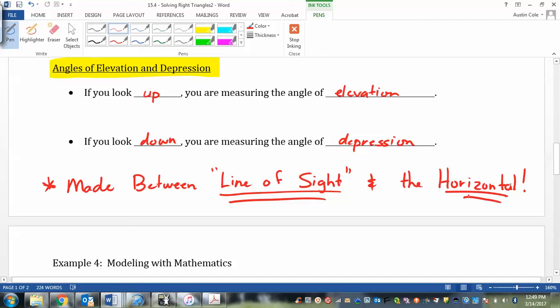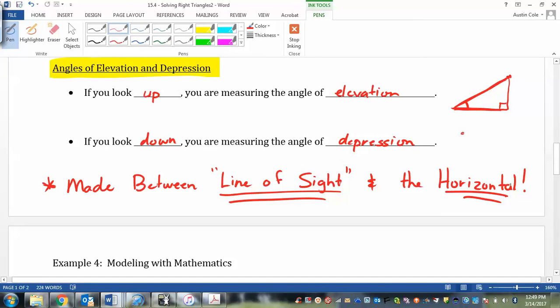Here's what that means, guys. If I'm right here and I'm looking up at something in the air, to make a right triangle, I have to make my triangle this way. Here would be my angle, because that angle is made between the line of sight where I'm looking and the horizontal line.